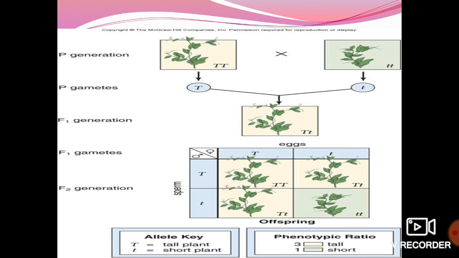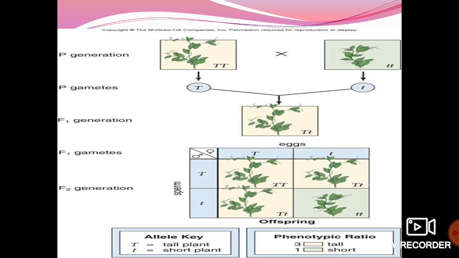But when we breed two of such capital T small t F1 individuals, we get the F2s, where you have got one pure tall. You can see the first left corner in the 4 square box, which is capital T, capital T. Then you have a capital T small t followed by another capital T small t, and there is only one small t small t.